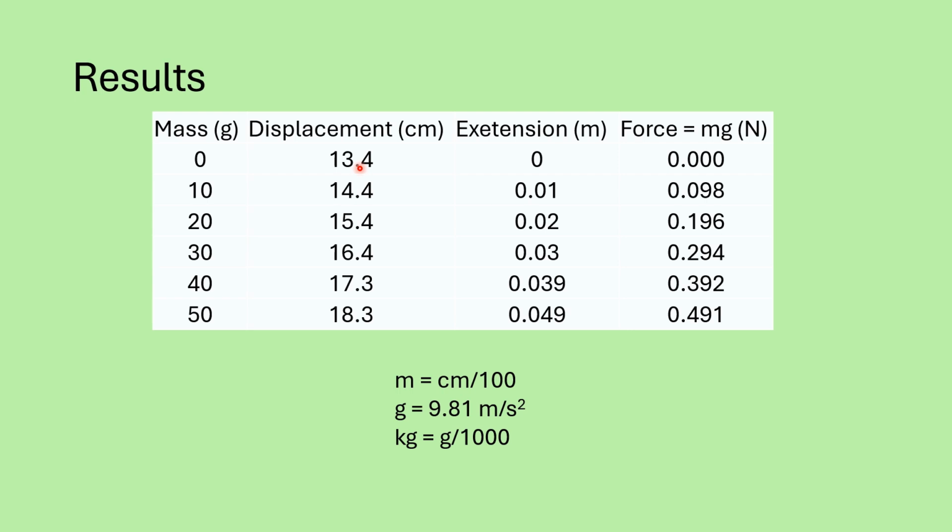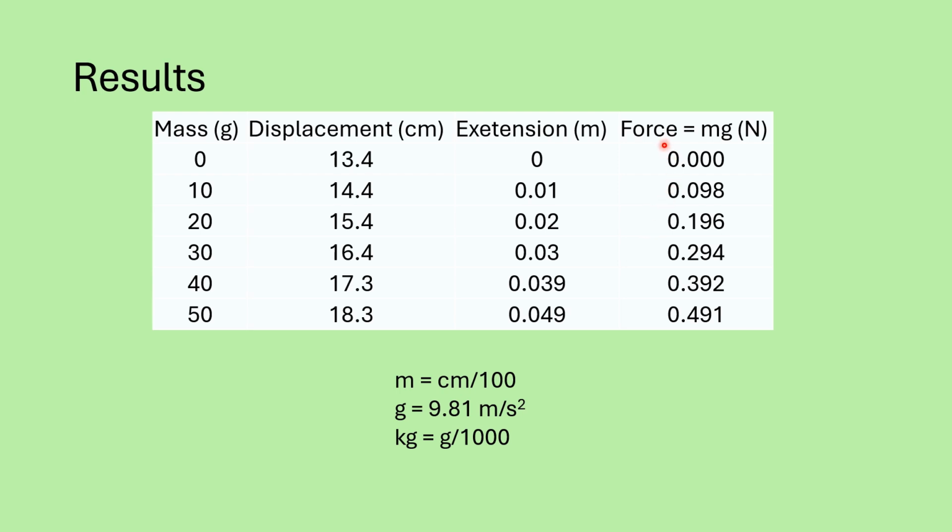That's our 0 point. Now on this line, I calculated the extension, and this is going to be in meters. So when I convert to meters, I take the number of centimeters, divide by 100, and then subtract off the 13.4 because that's the starting point. So this is the displacement in meters away from that 0 point of 13.4 centimeters.